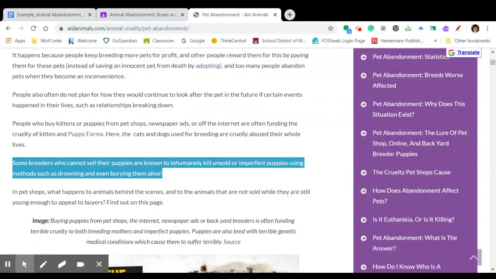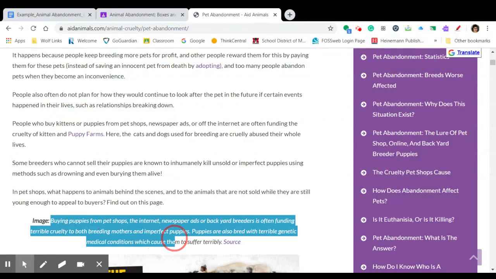So we do have this part that we could use.